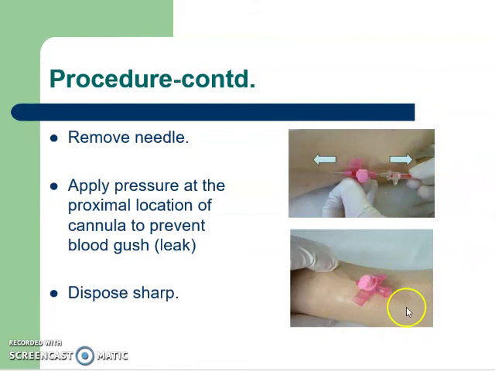The position will be like this, and after removing the stylet, you have to hold the cannula and block it with the finger till the time you attach a syringe here. And now dispose the sharp stylet into the bin immediately, and then you attach the flush syringe.